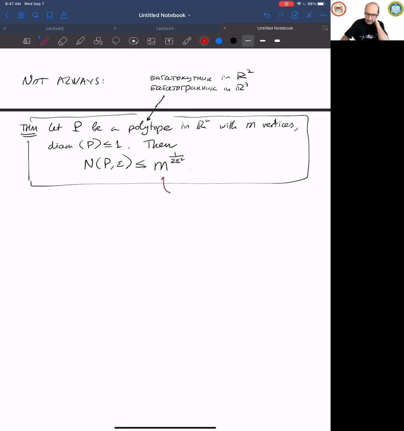You may not immediately like the expression on the right-hand side, but for any fixed epsilon, this expression is polynomial in m. So for example, if epsilon is 1/10, then you have what? Then you have m to the 50.